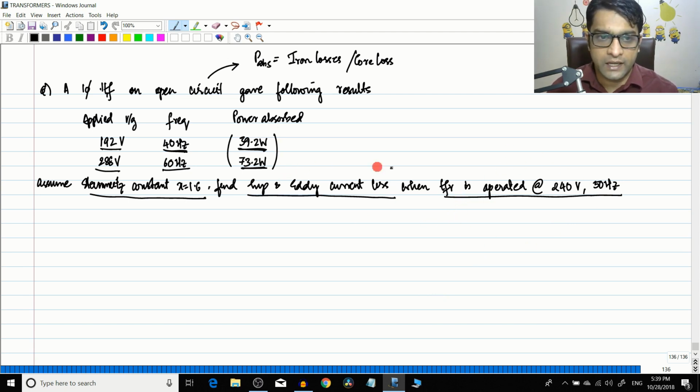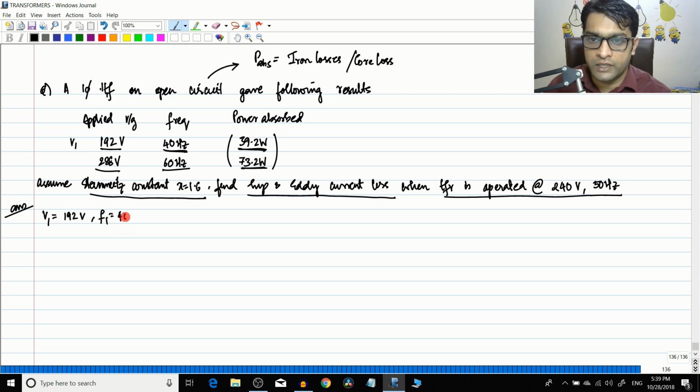So clearly you have to find the hysteresis loss and the eddy current loss. We will take the voltages separately. Let V1 be equal to 192 volt and the frequency F1 is equal to 40 hertz.